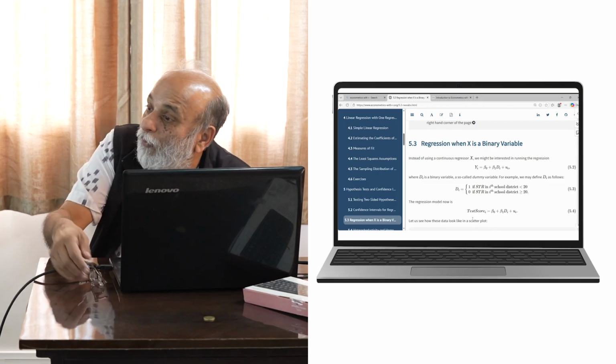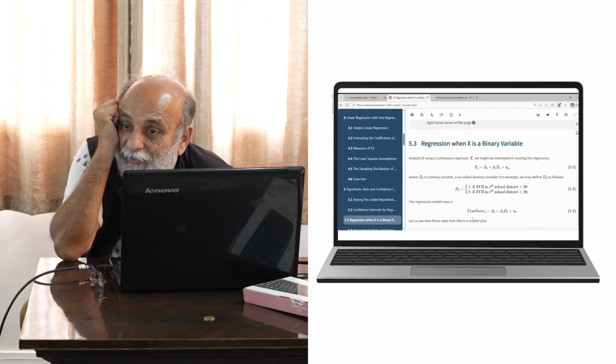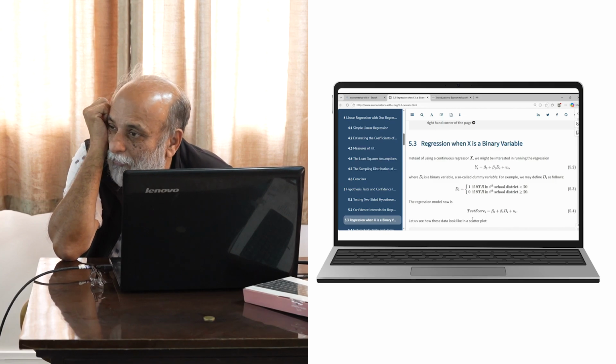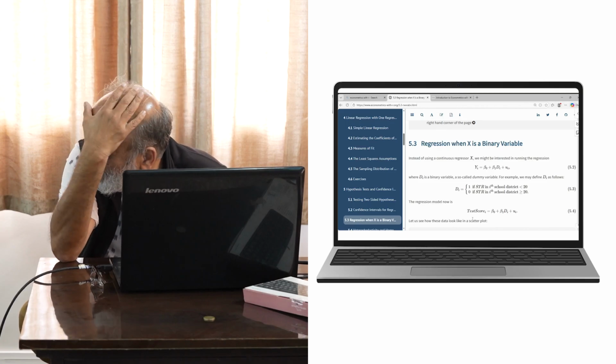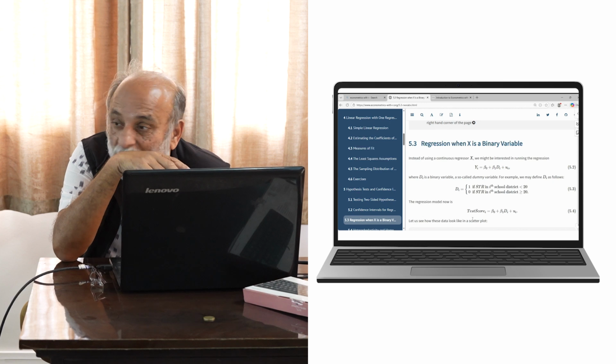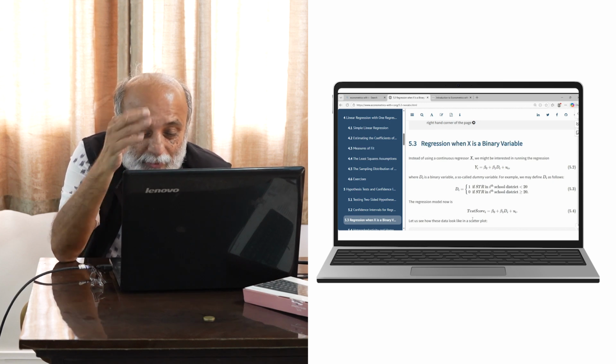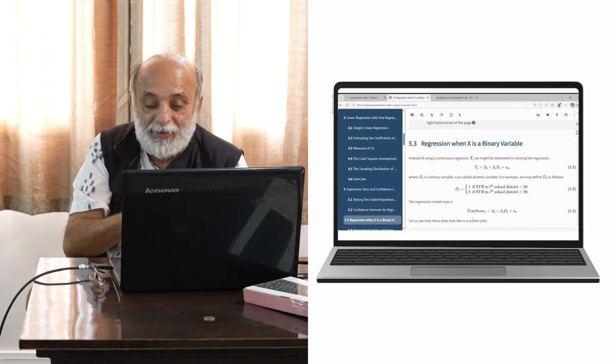So we can think of good schools and bad schools, for example. So good schools are ones which have a student teacher ratio less than 20. Bad schools are ones which have student teacher ratio greater than 20. Right? Okay? Sure? So di is equal to 1 if the student teacher ratio is less than 20.